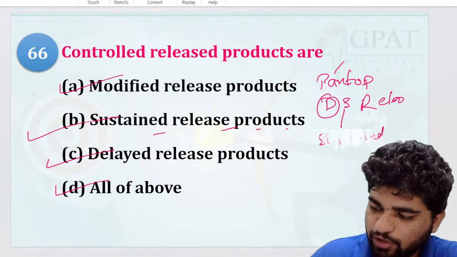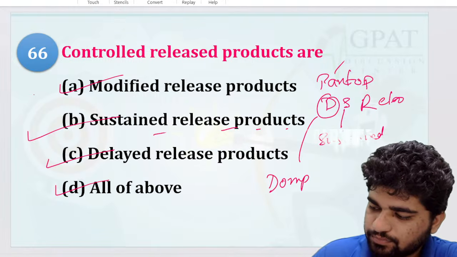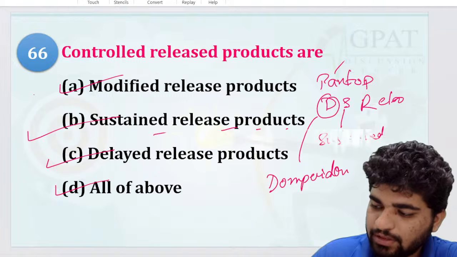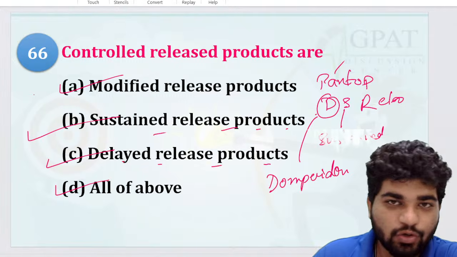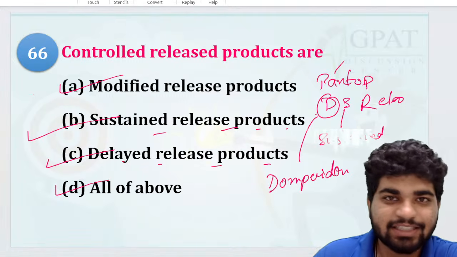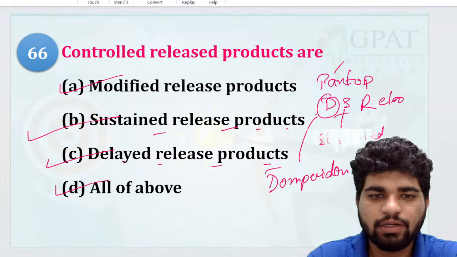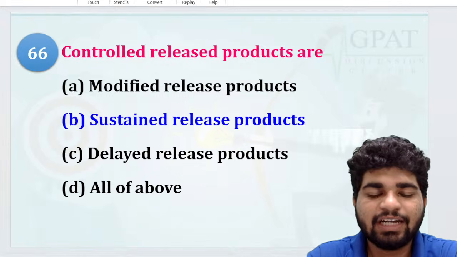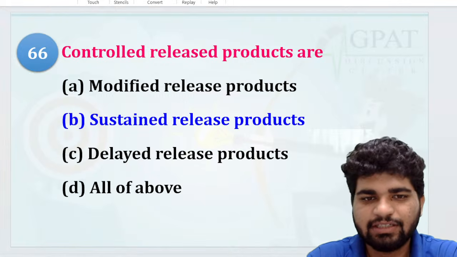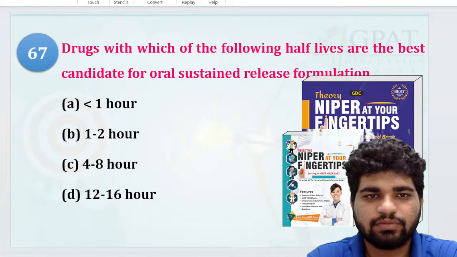That is not delayed release. There is nothing like delayed sustained release. D for domperidone, sustained release would be your correct answer. That is your sustained release product. Champ, Vikshita, that is your B only.